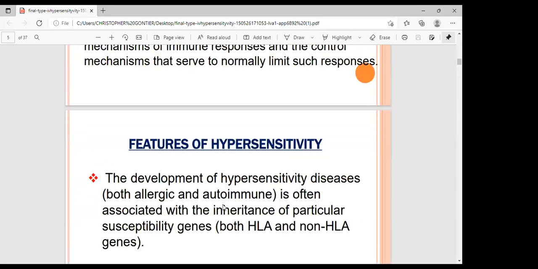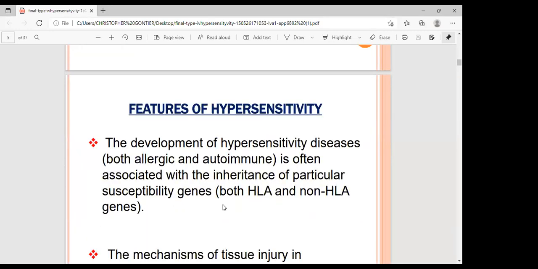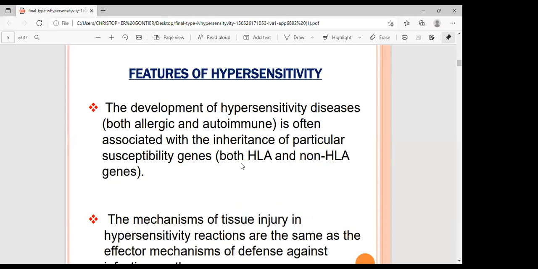Okay. Since we're talking about autoimmune diseases, we'll talk about MHC. There's always an immunological or familial association that may be manifest, but that's only in some, not entirely true. It only means that there's a higher association if you have allergy, if you have similar HLA or MHC, and for that matter, autoimmune diseases.